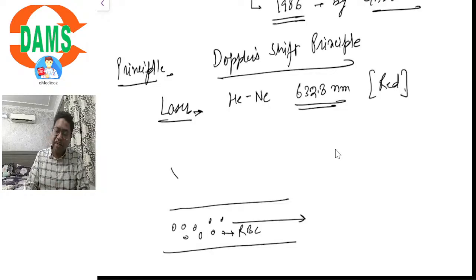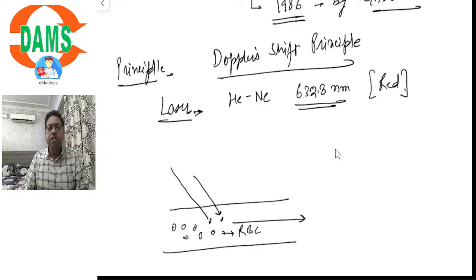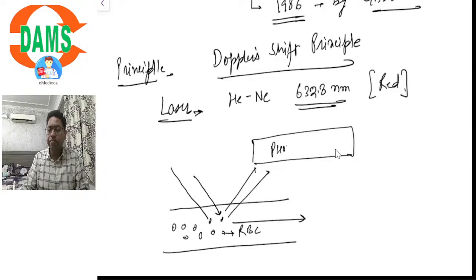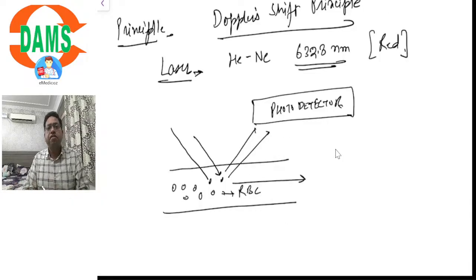So whenever the light is fired, if there are viable RBCs present in the circulation, they would be Doppler shifted and it is read with a photodetector. This is the working principle of your laser Doppler flow meter. Which laser is used?